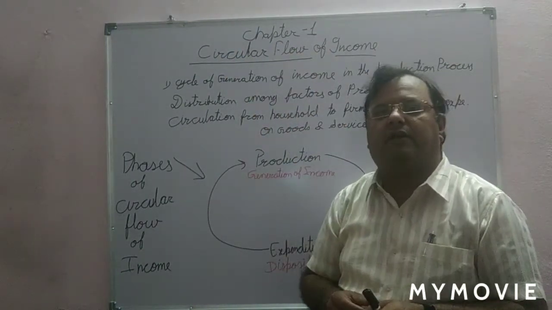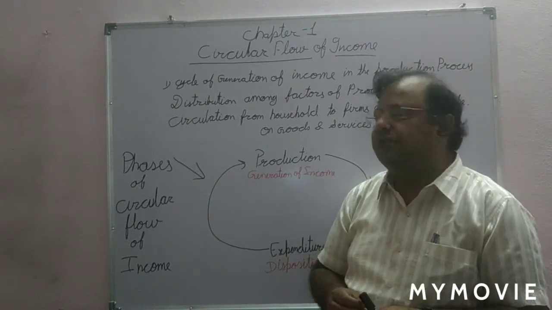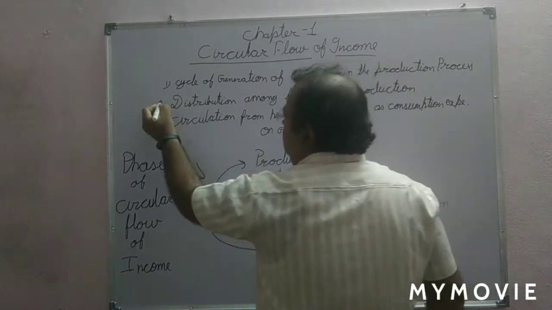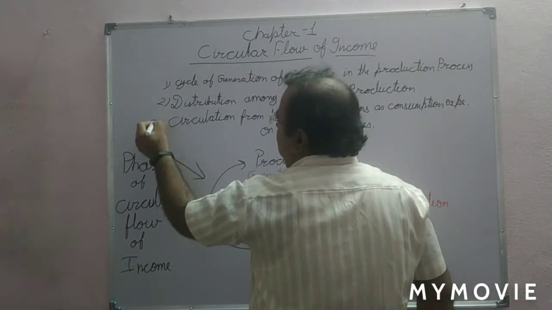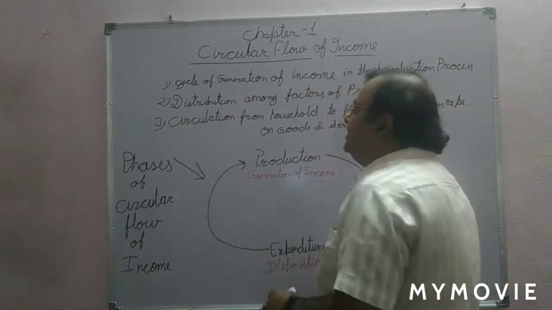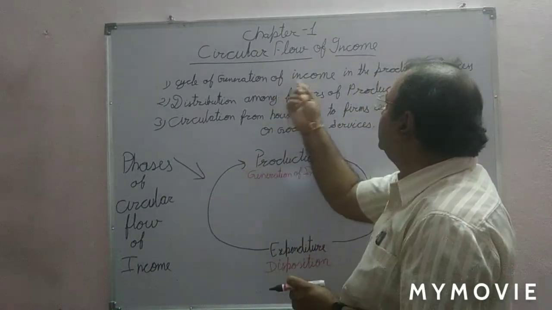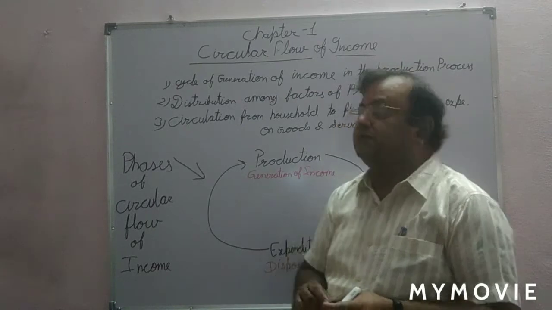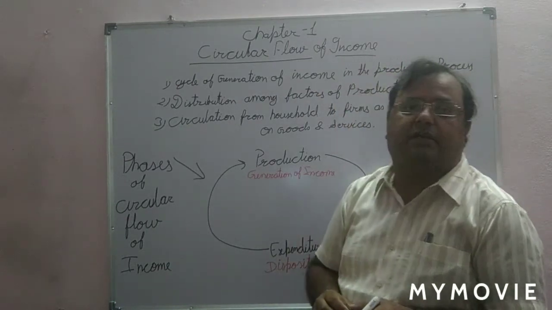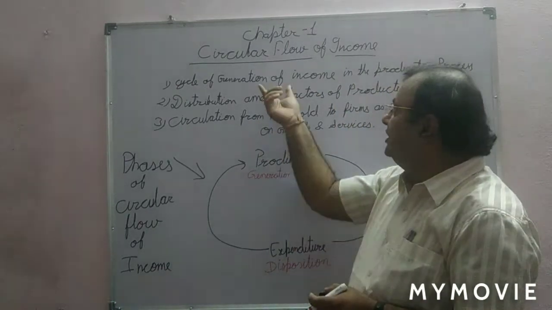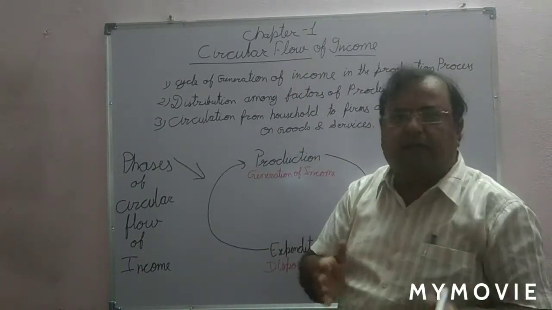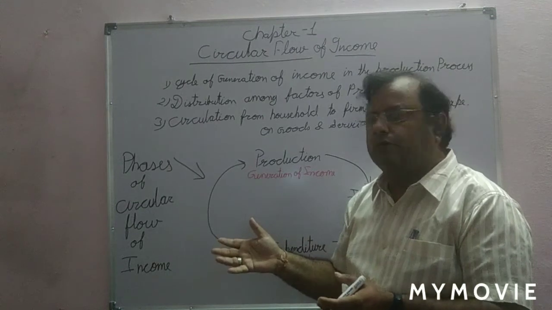In circular flow of income, there are various features. Among those, we have three main features: feature number 1, feature 2, and feature 3. Let's take feature number 1: the cycle of generation of income in the production process. It's a cycle of generation of income, generation of income for firms and for households.